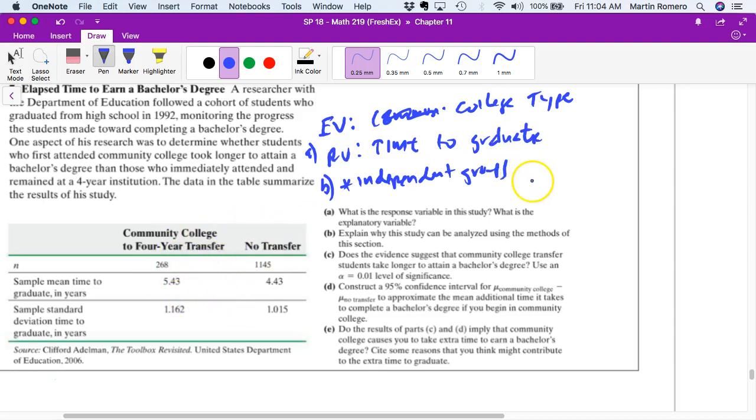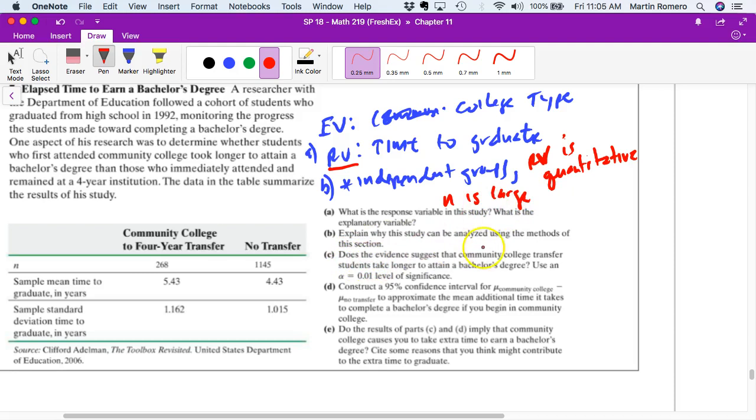So for sure, because we have independent groups, we can also conclude the response variable is quantitative, which is one of the characteristics. Then we can assume it comes from a simple random sample. The sample size is large, right? N is large, but it's not too large. So we have those reasons.